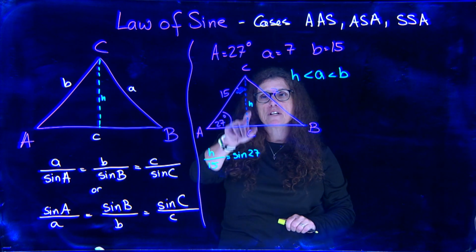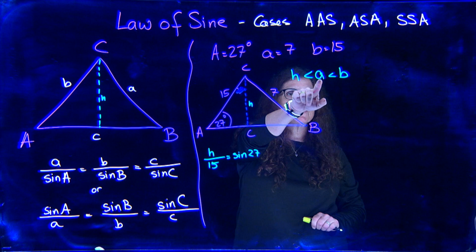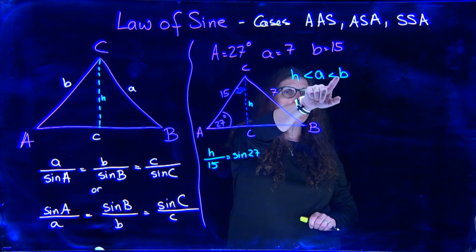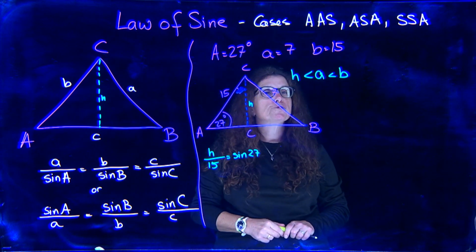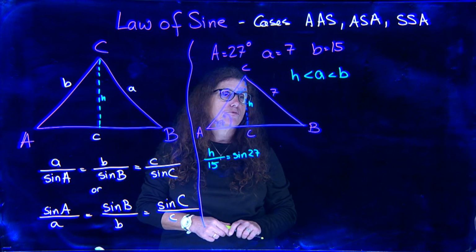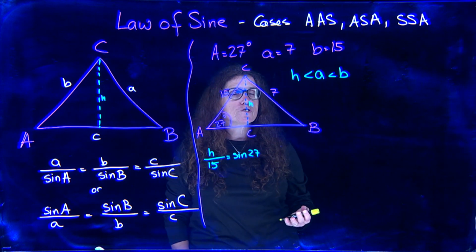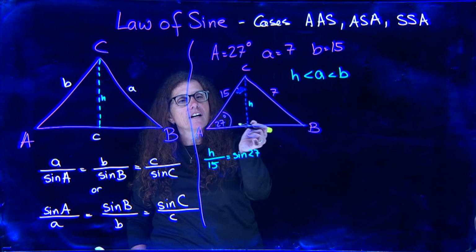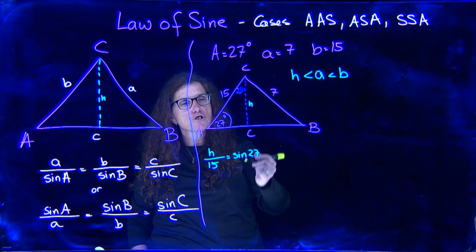Well, this all depends on the height of the triangle. If side A is greater than H but smaller than side B, then we can form two different triangles, and we have to find the measure for all of them. So the first step is really to find the height, and for the height we're using a basic right triangle relationship.